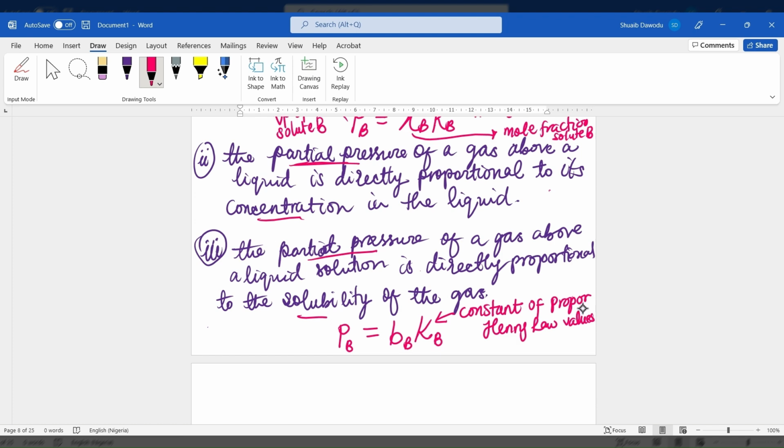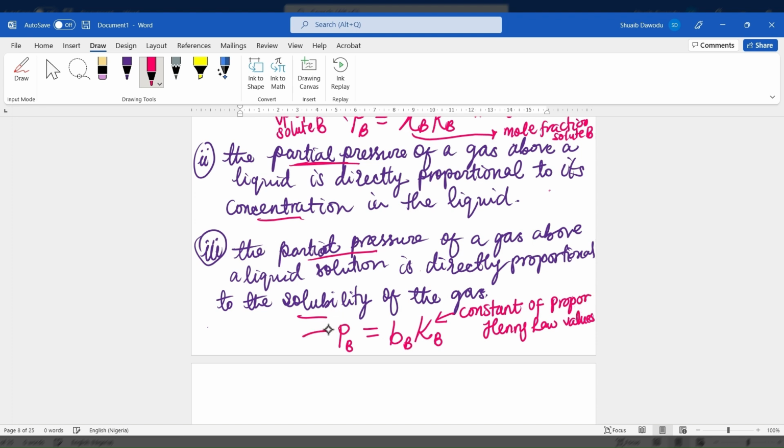So CO2's constant of proportionality is unique to CO2. That's basically what I'm trying to say. In the research section of the Atkins Physical Chemistry 11th edition textbook, you're going to see a bunch of constant of proportionality values for Henry's law for different molecules and compounds.